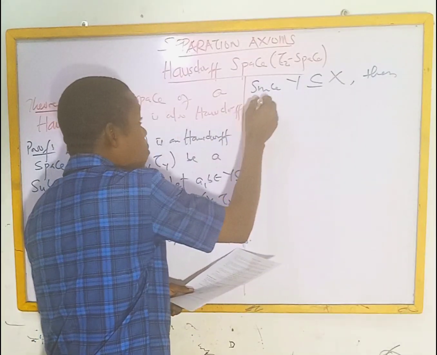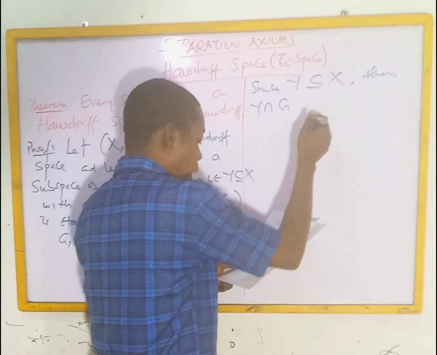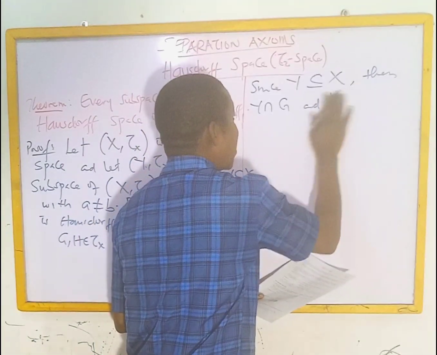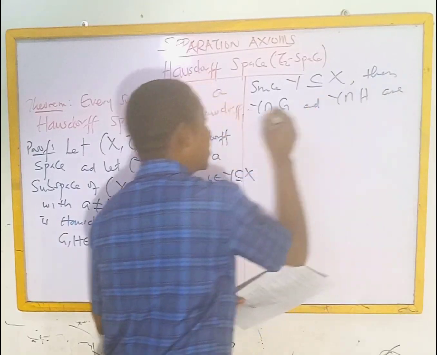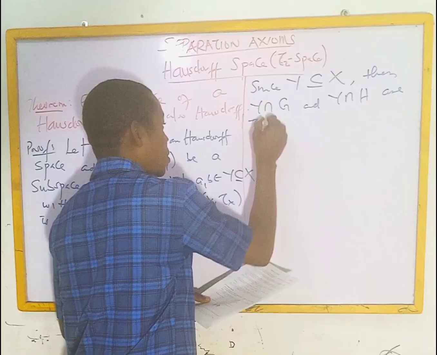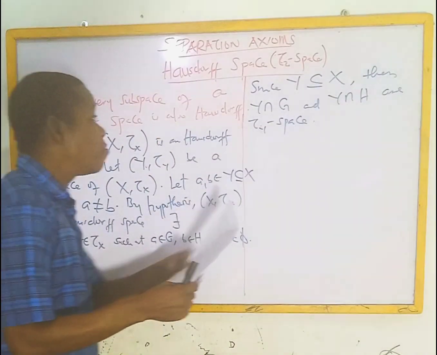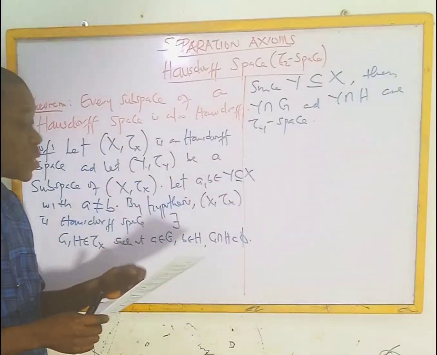So I will now say Y intersection G and Y intersection H are in τ_Y. We are using the definition of a subspace there, so they are τ_Y open sets.